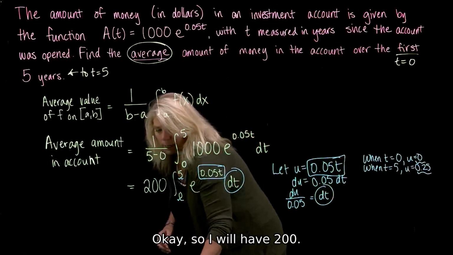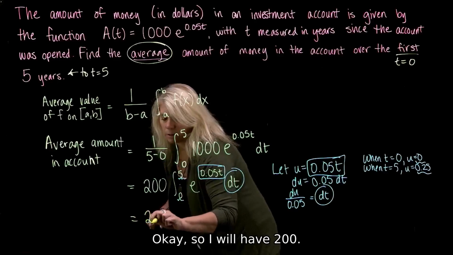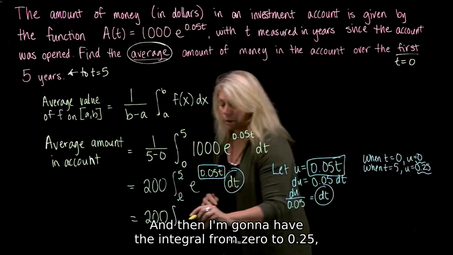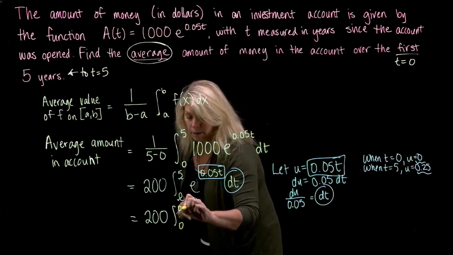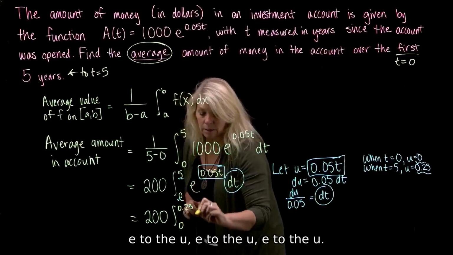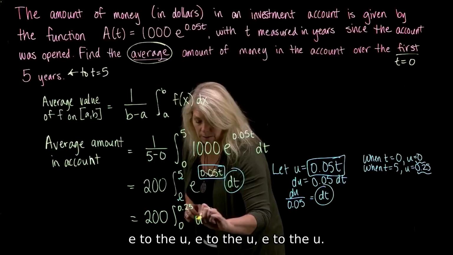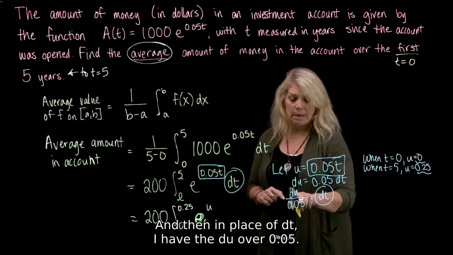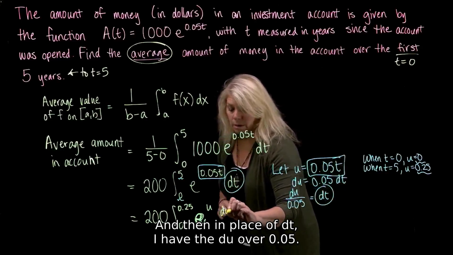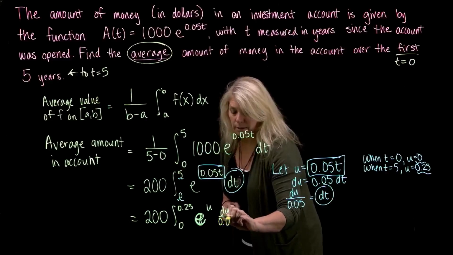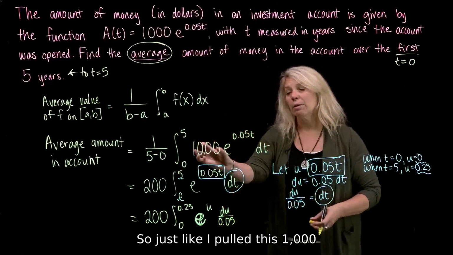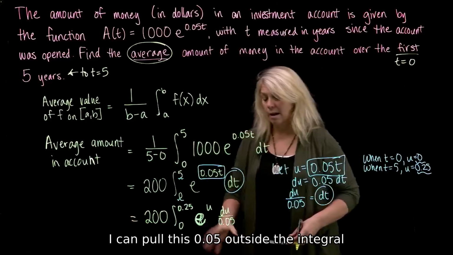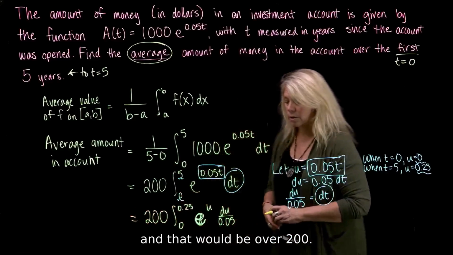Okay, so I will have 200, and then I'm going to have the integral from 0 to 0.25 of e to the u. And then in place of dt, I have the du over 0.05. So just like I pulled this 1,000 outside the integral at the start, I can pull this 0.05 outside the integral, and that would be over 200.